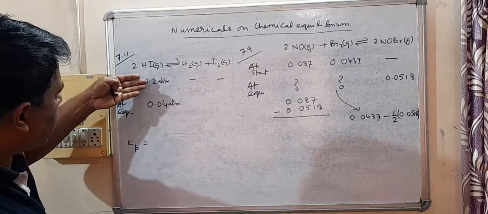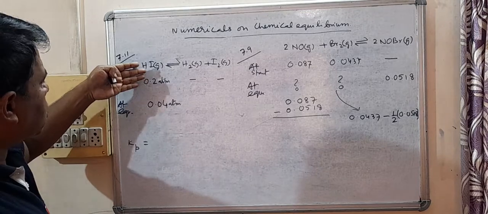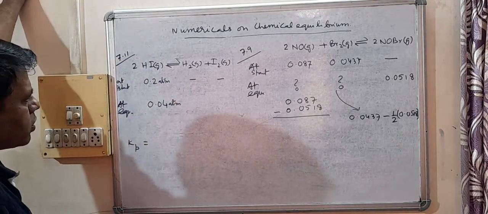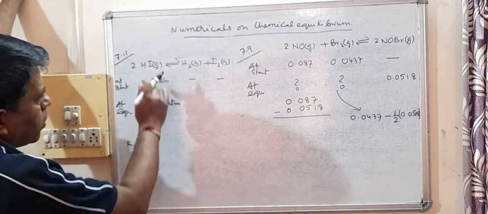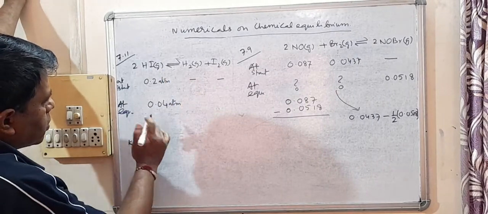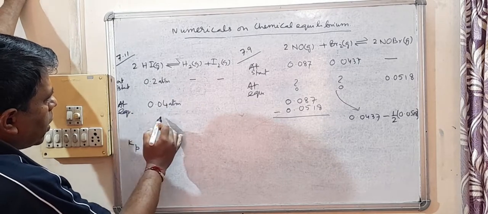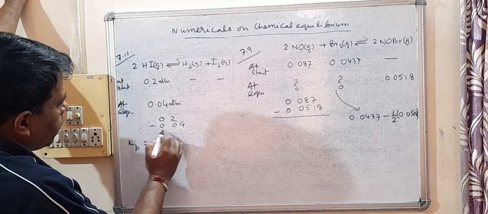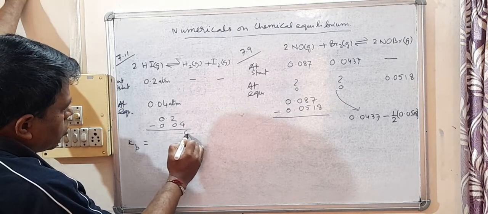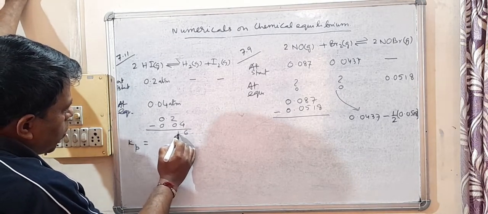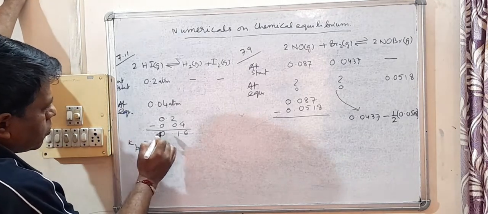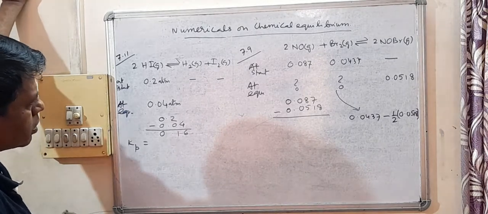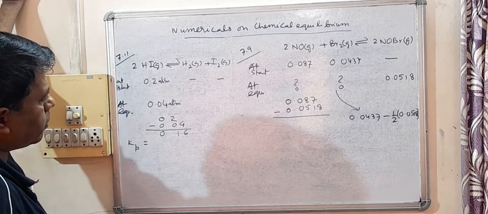First we have to find out how much HI has reacted, and we can find that by the difference. HI that has reacted will be 0.2 minus 0.04, which is 0.16 atmosphere.